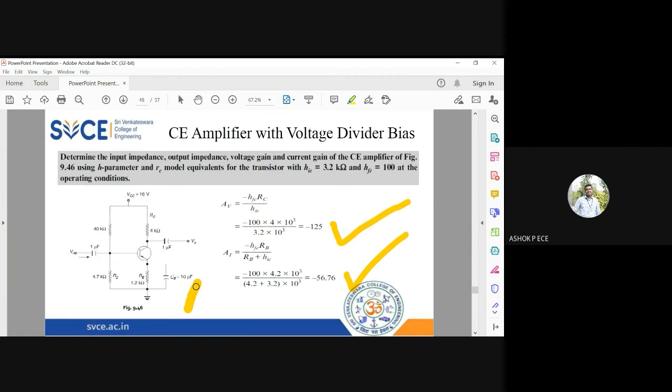If they ask power gain in the question, can anybody say what is the formula for power gain for this common emitter amplifier? What is the formula for power gain? Knowing AV and AI, how will you find power gain? Can anybody say the answer? What is AP when they ask power gain in the question?